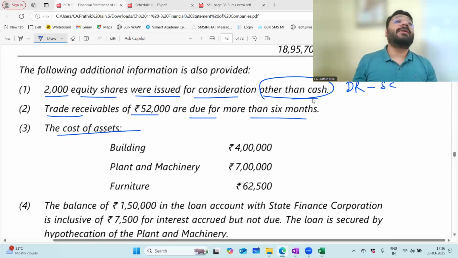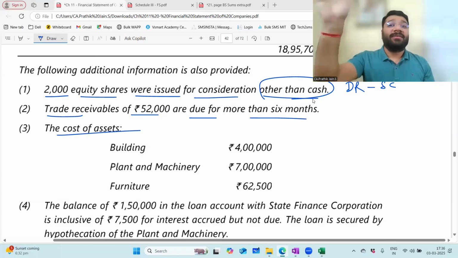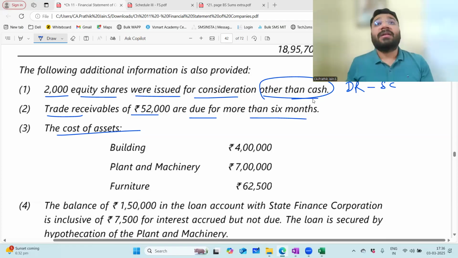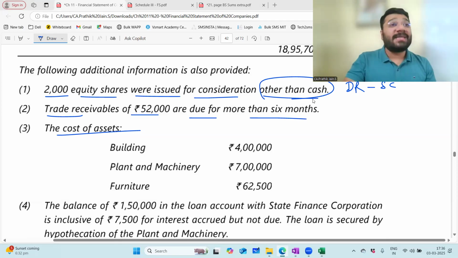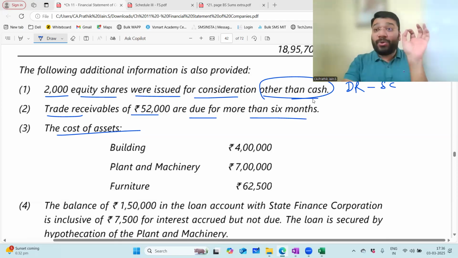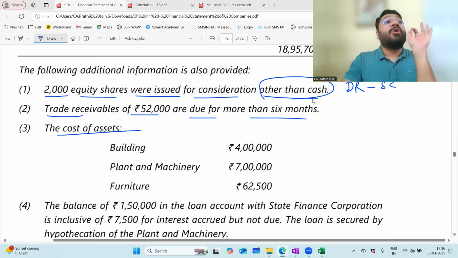How did you know this is normal method? Yes, wonderful. This is absolutely normal method because had it been a PFD method, I always told you, in PFD method, whenever you open the asset ledger, the opening balance and closing balance of the asset is always at cost. Correct?